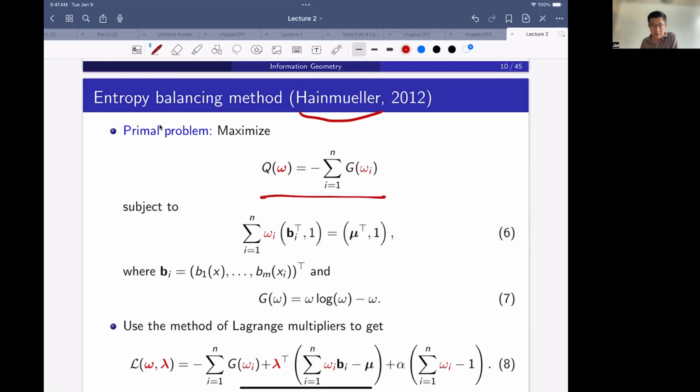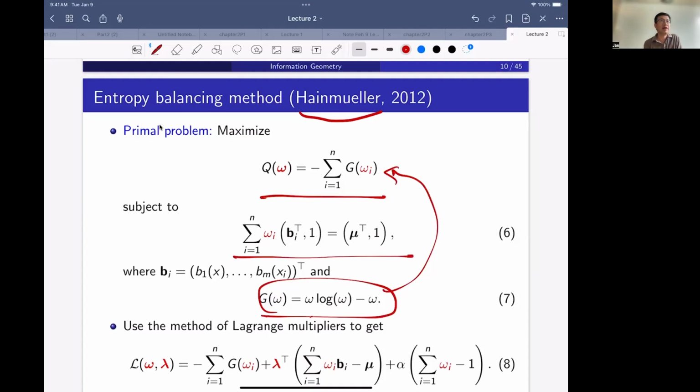So maximize the entropy, right? Which is this one, subject to calibration. Okay. And the nice thing with this approach is you don't really have to worry about the whole. So you translate the original problem into a weighting problem, and the weight on the sample, right?